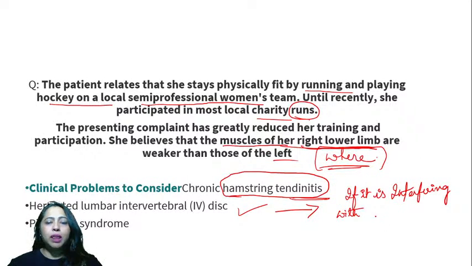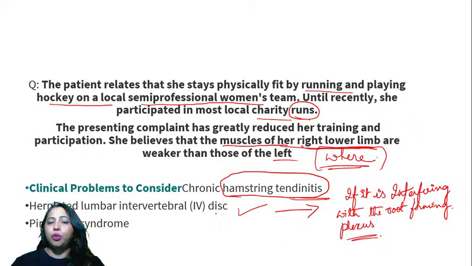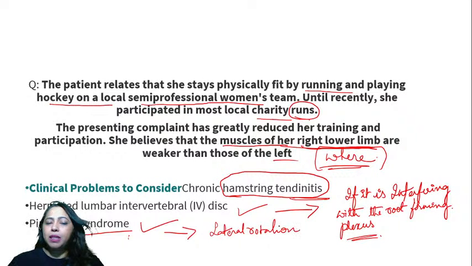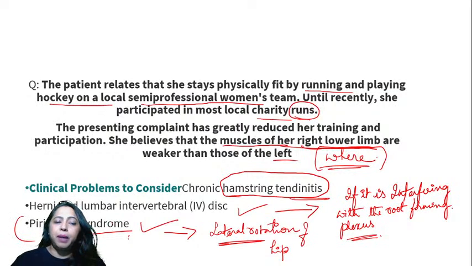If it is interfering with the roots that form the plexus, then there are high chances that it could be because of that. That is one thing. And then there is this Piriformis syndrome, which is usually ignored. So you have to find out whether you can ask her to do the lateral rotation. If she complains that she is not able to do lateral rotation of the hip efficiently, then this could be the culprit, the Piriformis syndrome.